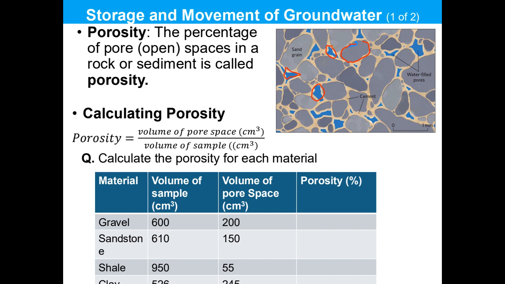So how can you find the porosity of the four materials? To find the porosity, for example, of these materials, we have gravel, sandstone, shale, and clay. To find porosity for gravel, let's write it down here.